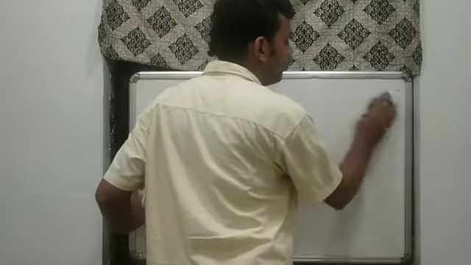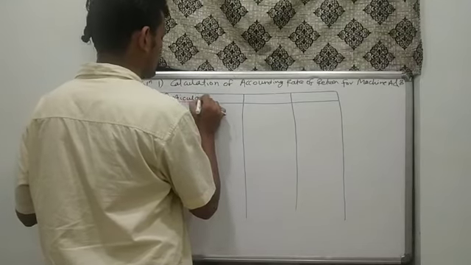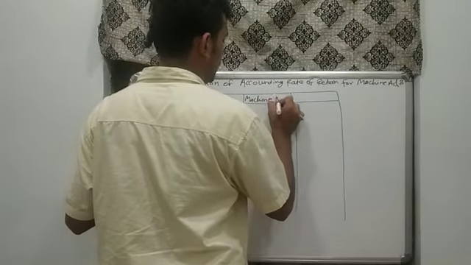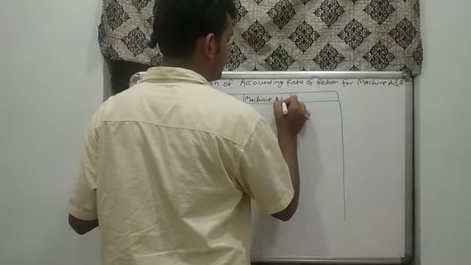The first column would be named particulars, the second would be for the amount of machine A, and the third would be for the amount of machine B.